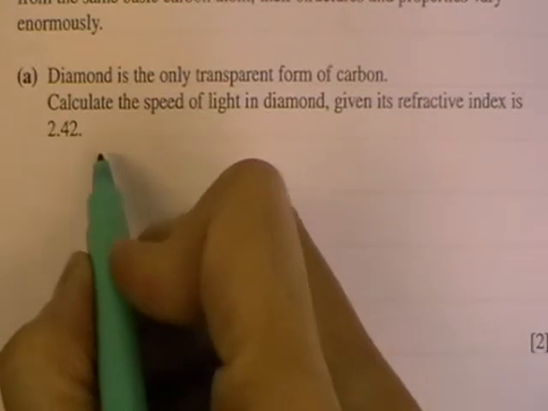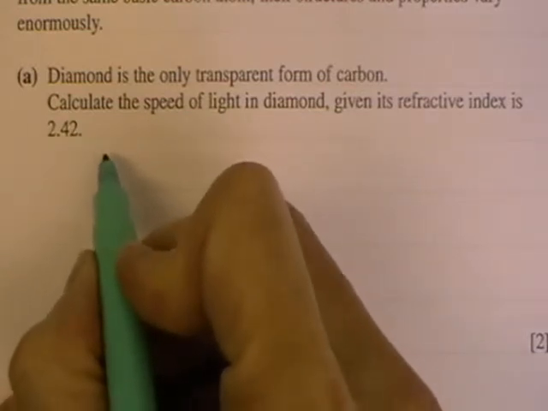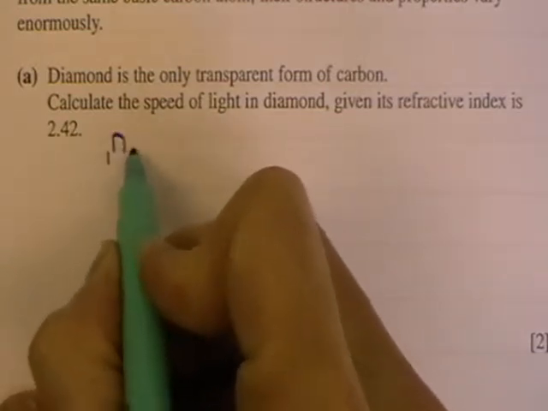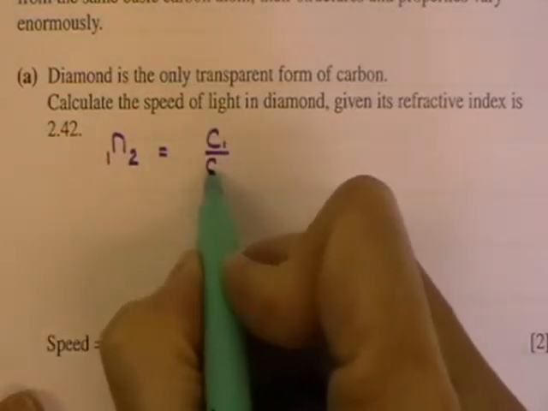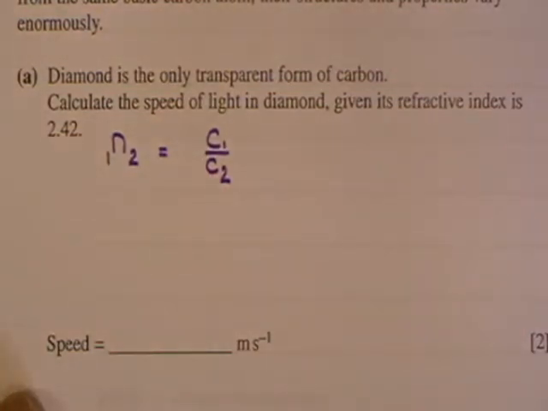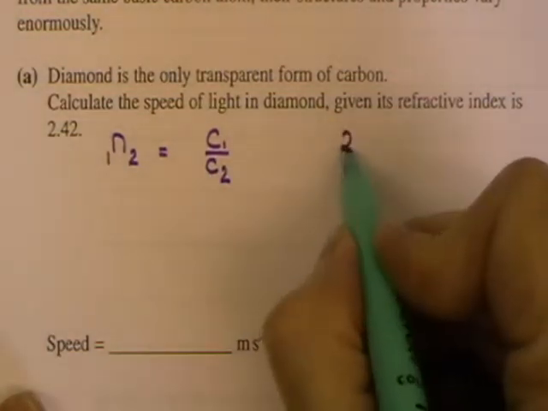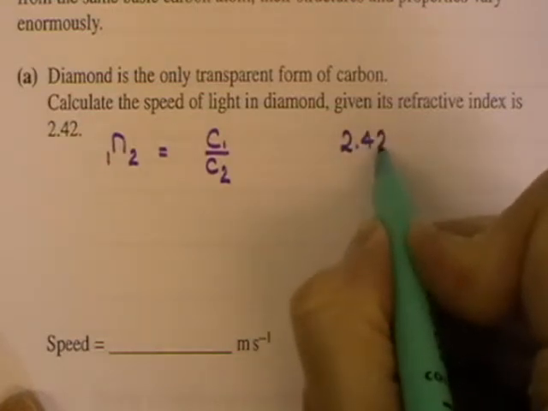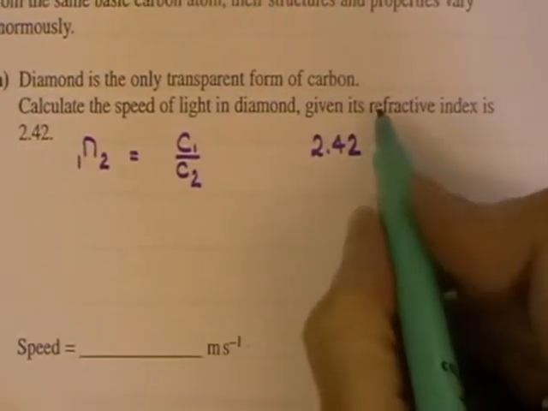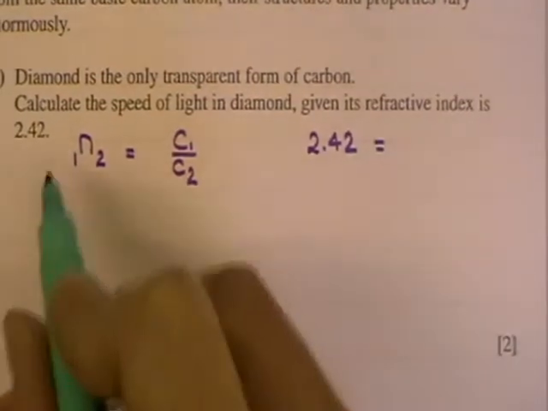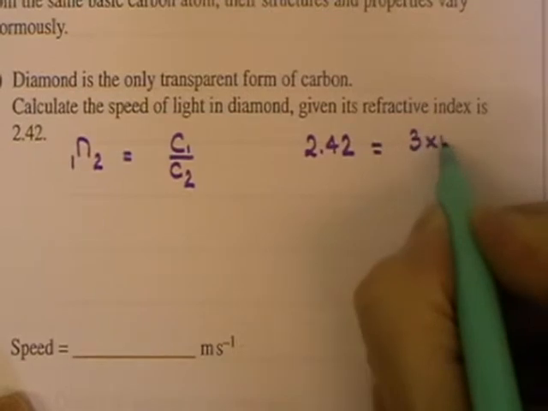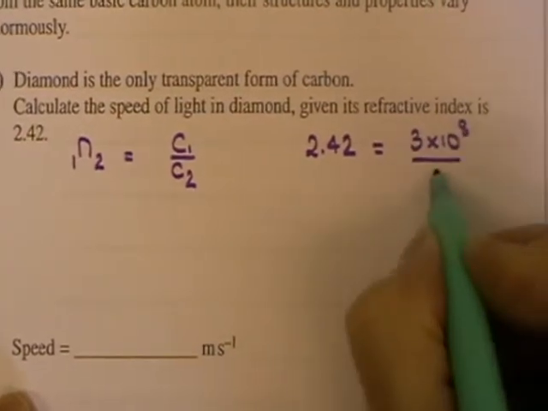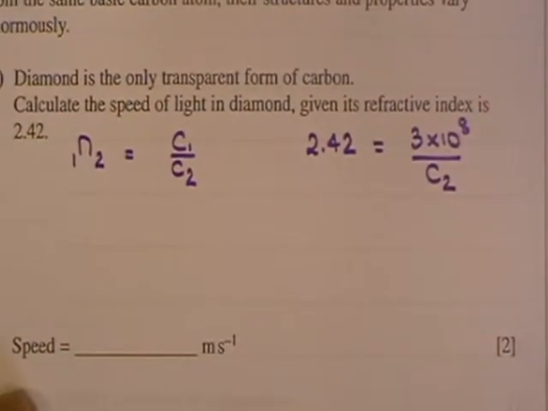So you've got an equation for refractive index from one material to another, which is equal to C1 over C2. So if the refractive index of diamond is 2.42, and that's N2, then C1 is the speed of light in air or a vacuum, which is 3 by 10 to the 8, over C2.